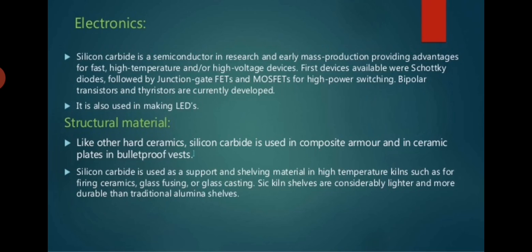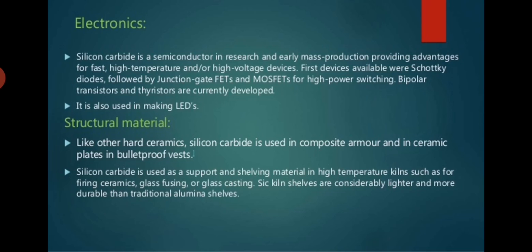First devices available were Schottky diodes, followed by junction gate FETs and MOSFETs for high power switching. Bipolar transistors and thyristors are currently being developed. And silicon carbide is also used in making LEDs.